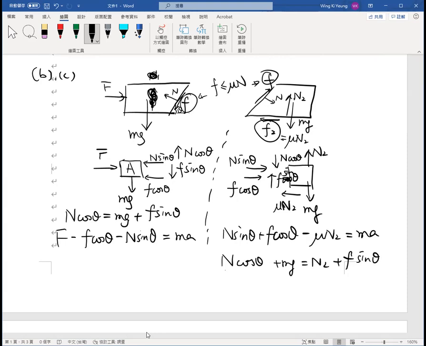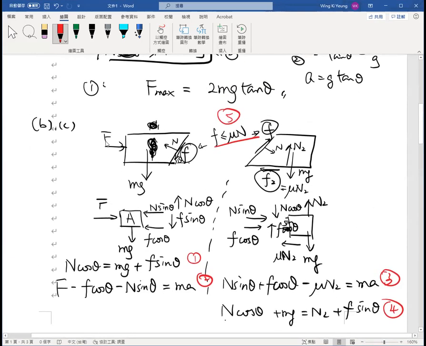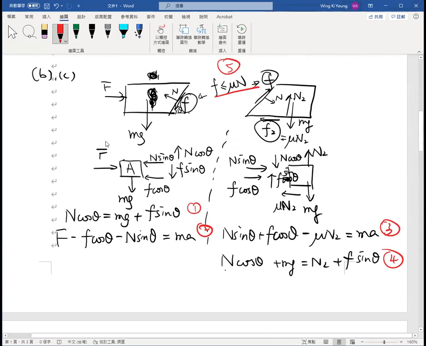So I'll give you 1 minute to have a look at it to see if you have any questions. Feel free. Actually you have 5 equations, 1, 2, 3, 4, and then this is the 5th one. Why do we need to use this one? Because we need to set up the minimum value of the coefficient of friction, mu. So normally you will have an inequality.